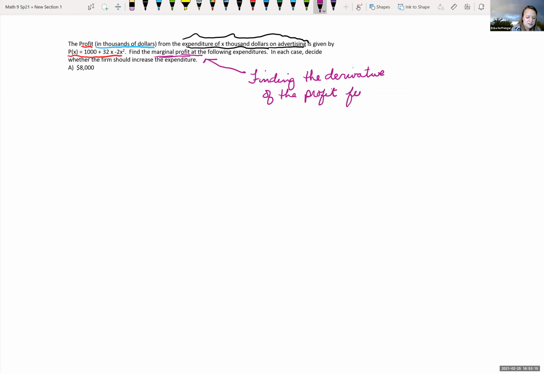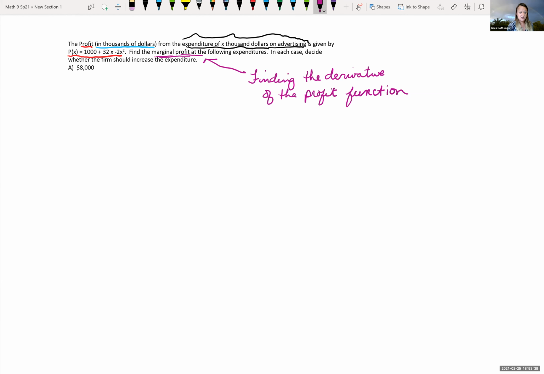So if it ever says find the marginal revenue, marginal cost, or marginal profit, it's cluing you in to take the derivative of that function. So find the marginal profit at each following expenditure, and in each case decide whether we should increase the expenditure.